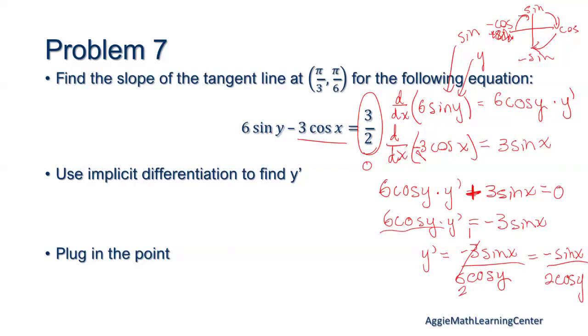Now we plug in our point. Yeah, now we plug in our point. Oh, it's cheating. It says it right there. Okay, well, anyway. So we'll have, I should probably write it all nice. That's really small. Okay, so we're gonna have negative sine of x. What's our x in this case? Pi thirds, which this will go to 1/2.